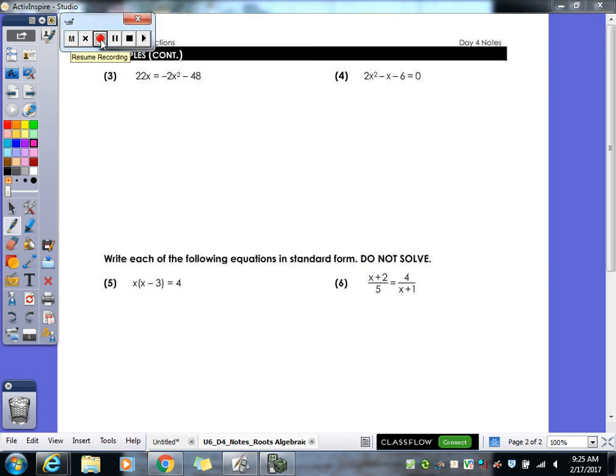All right, let's take a look at our back ones here. Again, we are following the same steps that we did before. So first thing we have to do is make sure it's in standard form. Is number 3 in standard form? No. What do I have to move to make it standard form? The 22x. So I'm going to subtract 22x over.